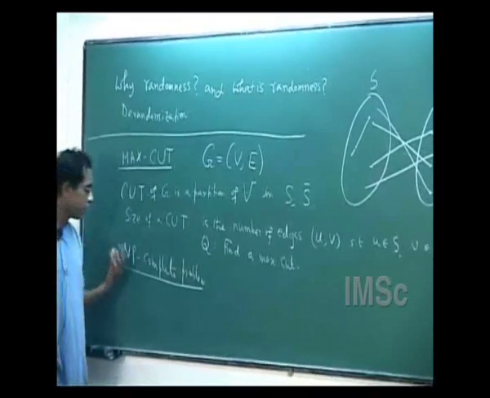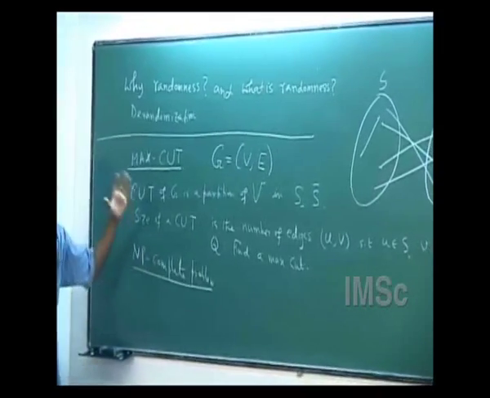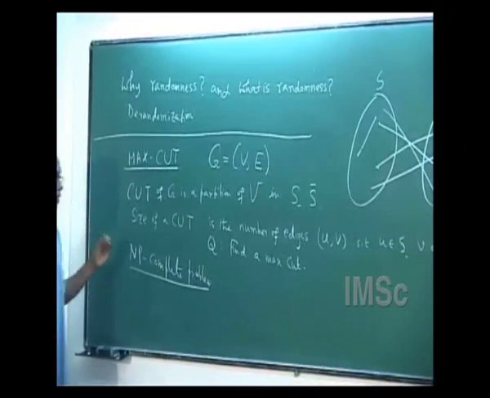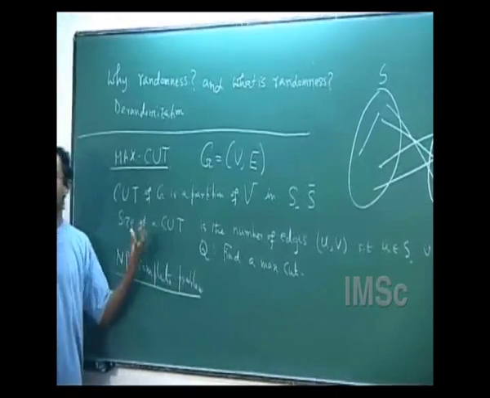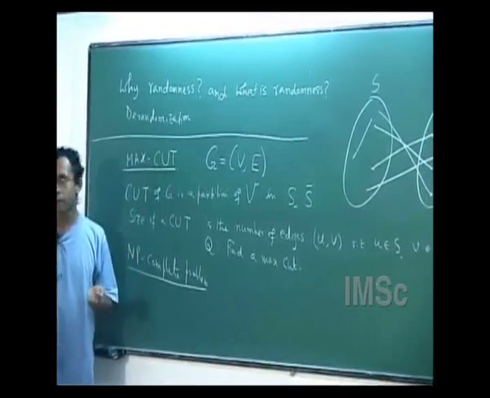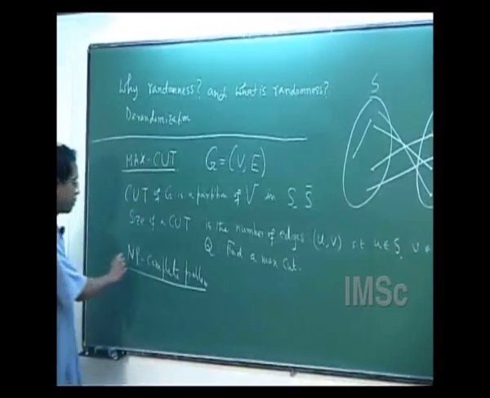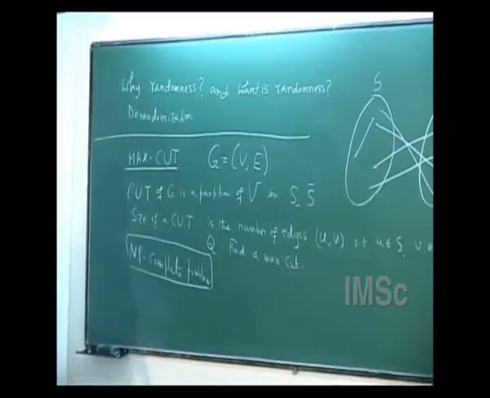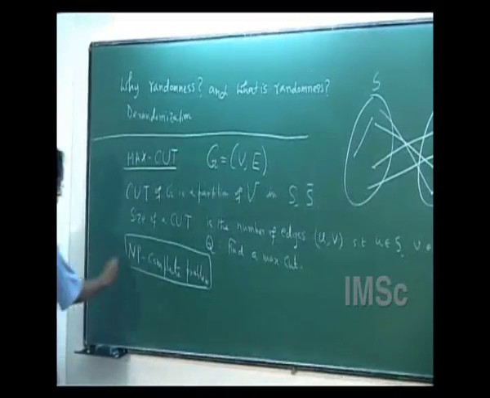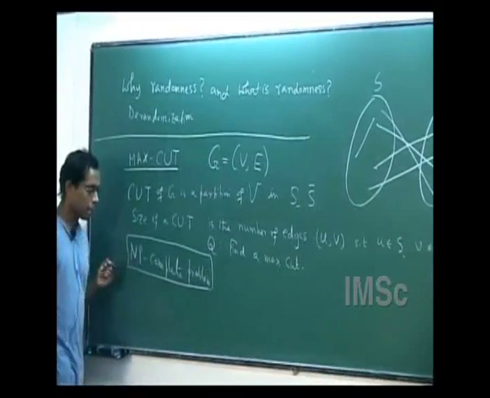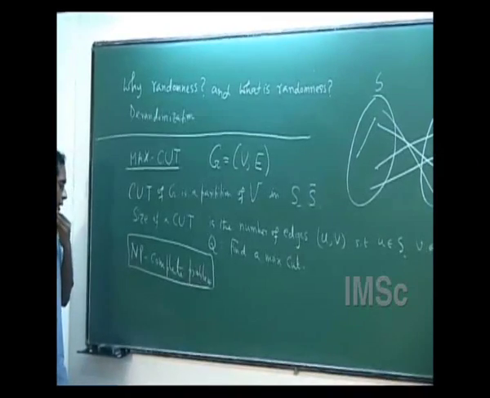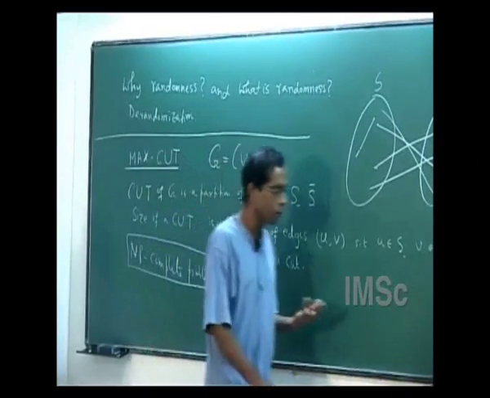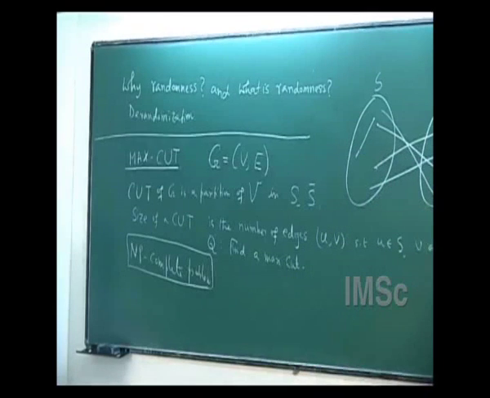It's very unlikely that we have a very efficient algorithm to solve this problem. In particular, we don't believe that we can design a polynomial time algorithm to solve it. I'm not going into details of what an NP-complete problem is, or probably you have already heard it in other lectures. So we cannot solve this problem exactly in polynomial time because it's an NP-complete problem.